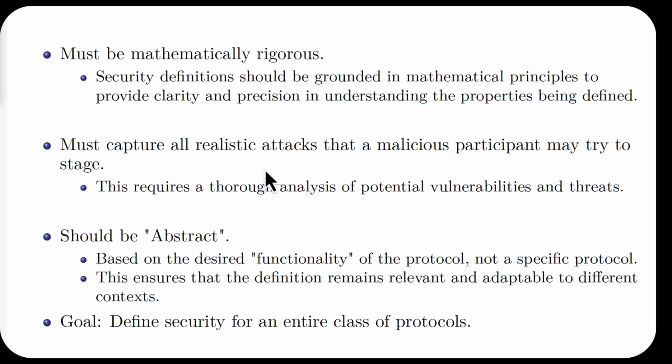This includes the attacker's ability to eavesdrop on the communication, manipulate the inputs, which is the most important thing, or collude with other participants. For example, three or four people participating in this computation collude with each other in order to try to defeat the system. As we're going to see, we need to formalize the protocol functionality.